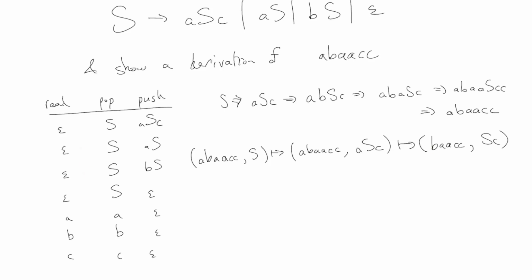I'm going to do one of these epsilon moves. The next grammar move I made was S goes to BS. So that is going to be step 3 in my stack machine here. So this will be BAACCBSC, and then clear the B's, AACCSC.